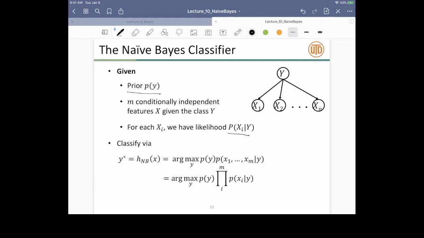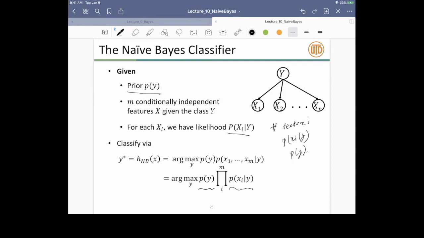And once I have learned this, that means I have these learned parameters. Imagine that I already have a table, so for every feature I already have P of xi given y, and I have P of y. The inference problem is very easy.